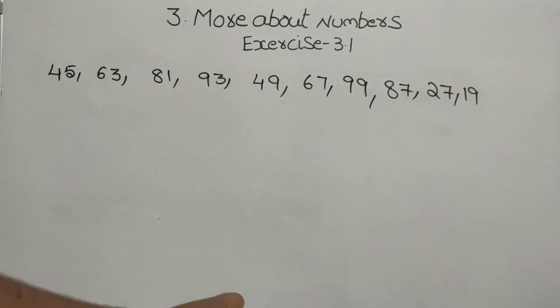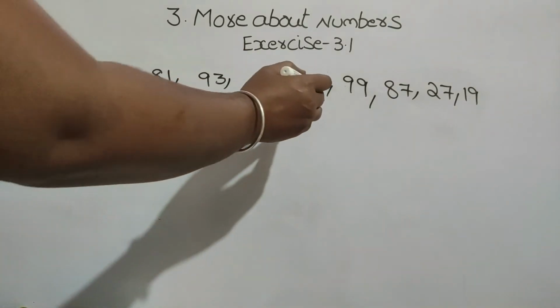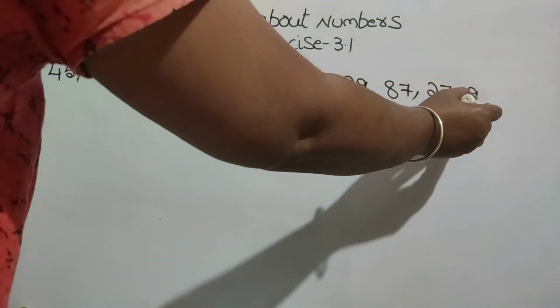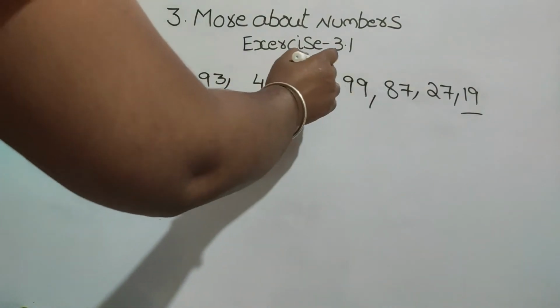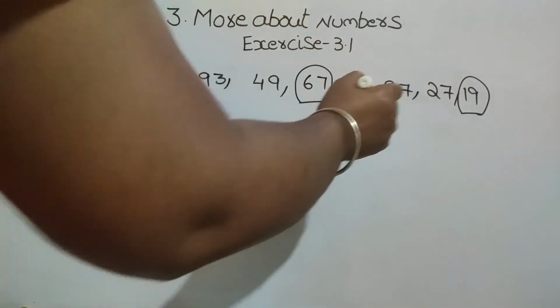The numbers which we have here: 45, 63, 81, 93, 49, 67, 99, 87, 27, 19. 67 and 19 are prime numbers. Remaining all are odd composite numbers. So 67 and 19 do not belong to this group.